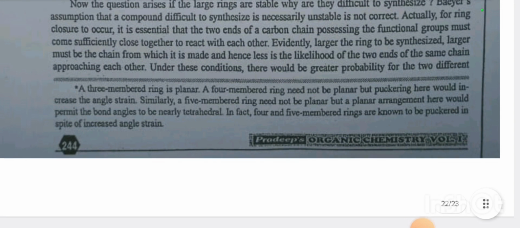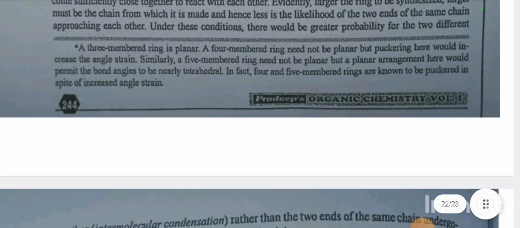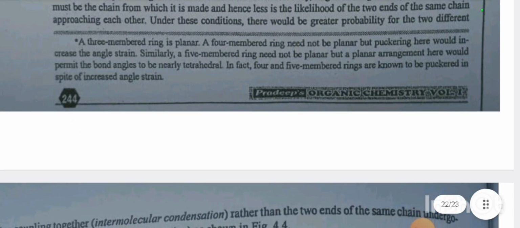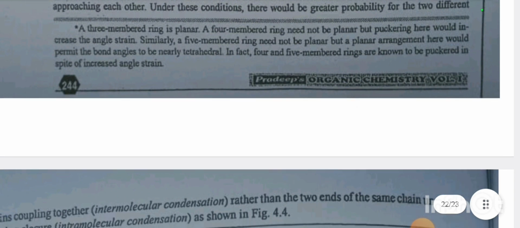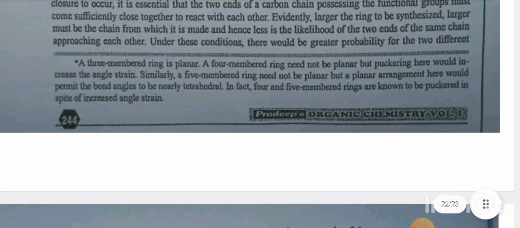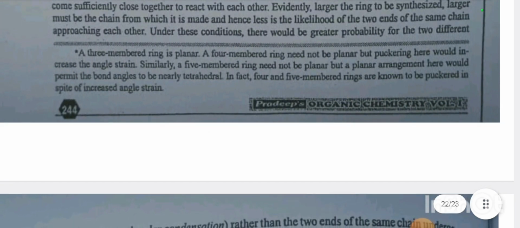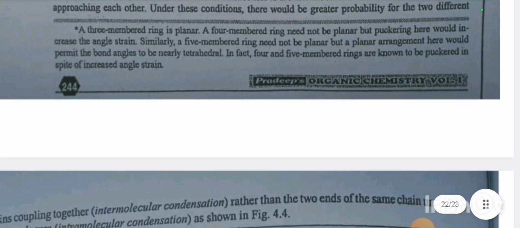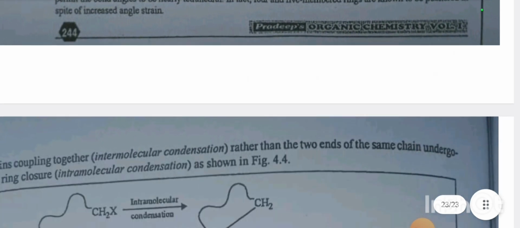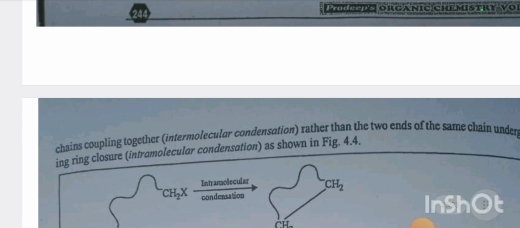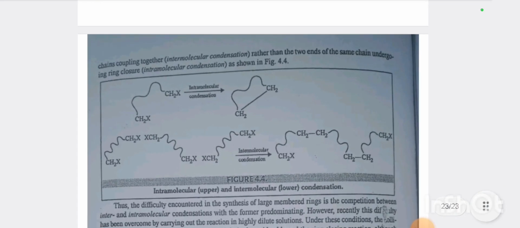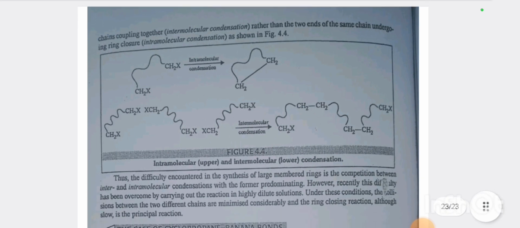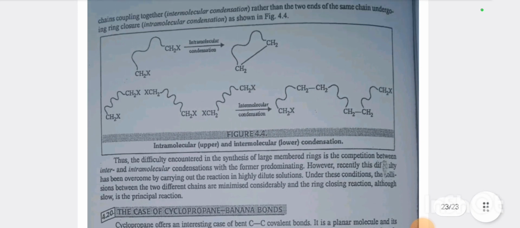Evidently, the larger the ring to be synthesized, the longer must be the chain from which it is made, and hence less is the likelihood of the two ends of the same chain approaching each other. Under these conditions, there would be greater probability of two different chains coupling together, intermolecular condensation, rather than the two ends of the same chain undergoing ring closure, intramolecular condensation.